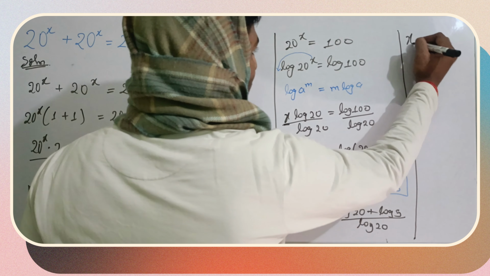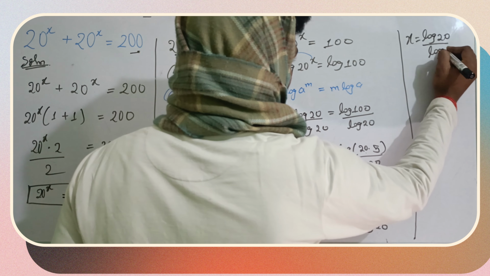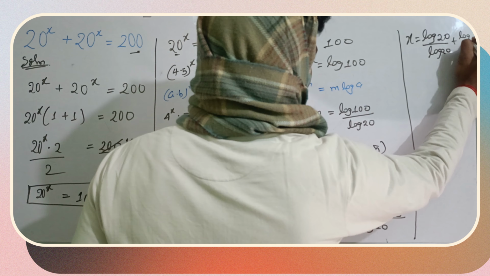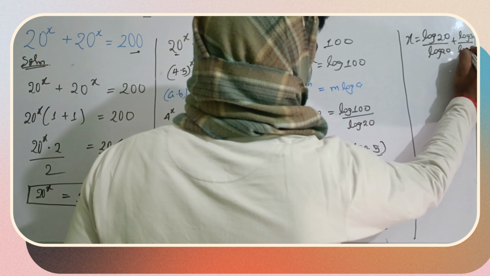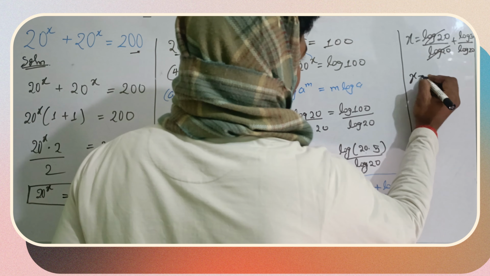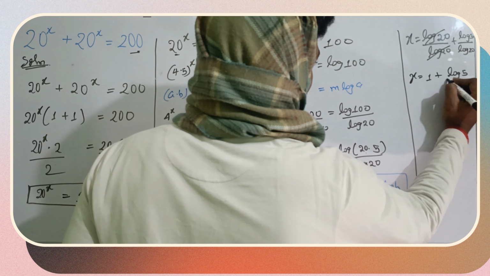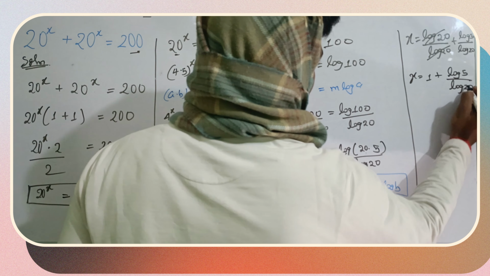So x is equal to log 20 over log 20 plus log 5 over log 20. This cancels out and we get x is equal to 1 plus log 5 over log 20.